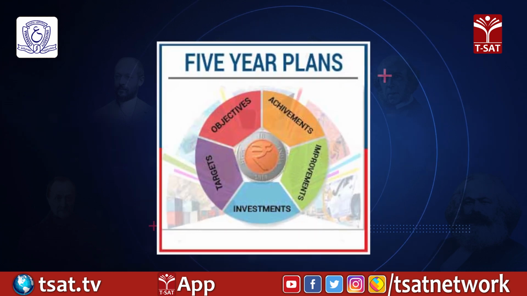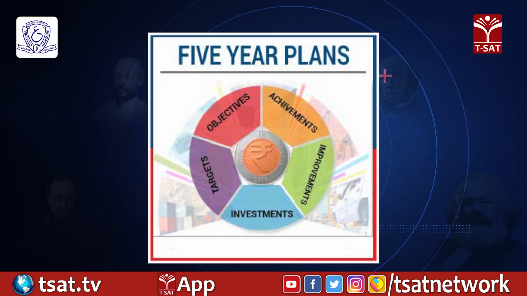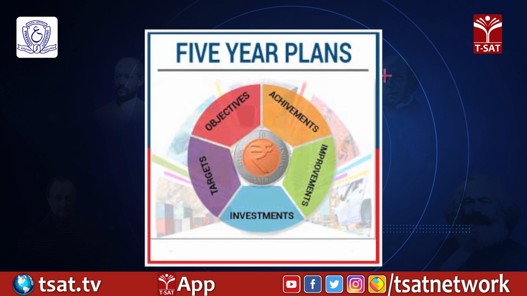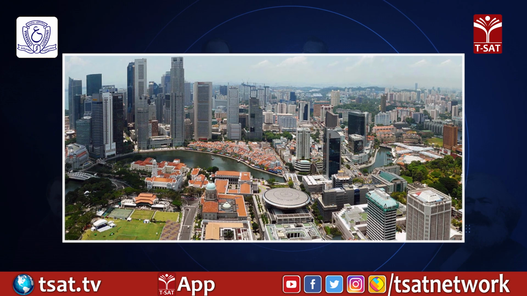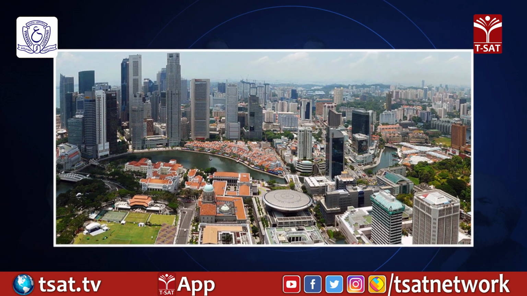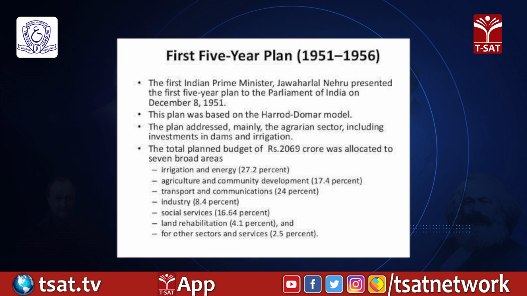In post-independence India, five-year plans were instrumental in urban growth and development. India's urban development trajectory can be broadly divided into three stages. The first stage spanned 15 years, that is the first to third five-year plans, and the approach was fragmented.